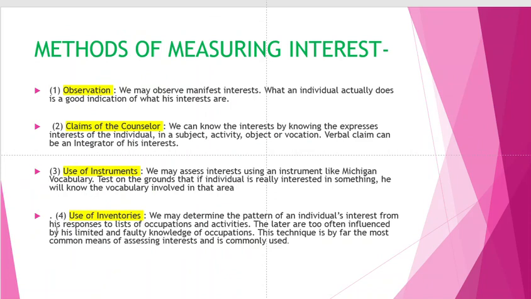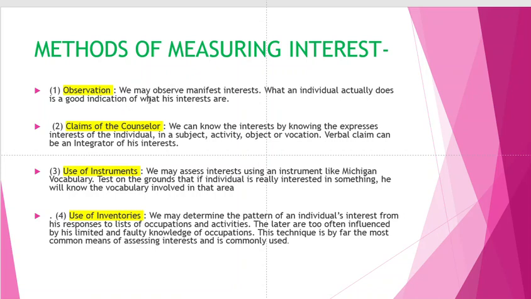So how do we measure the different interests? The different interests are measured by observation, claims of the counselor, use of instruments, and use of inventories. So on the basis of the interest we develop the interest inventories, but how do we develop this, or how do we measure it?